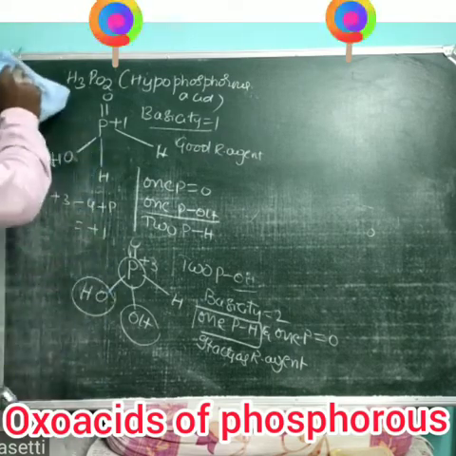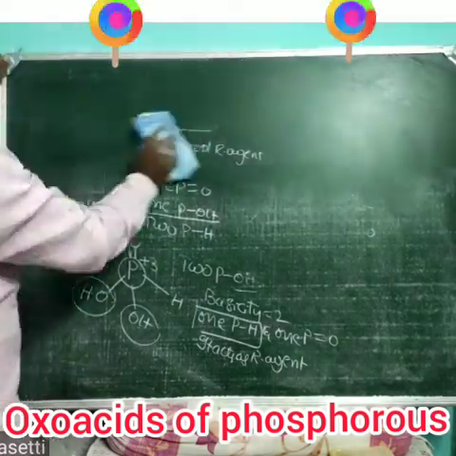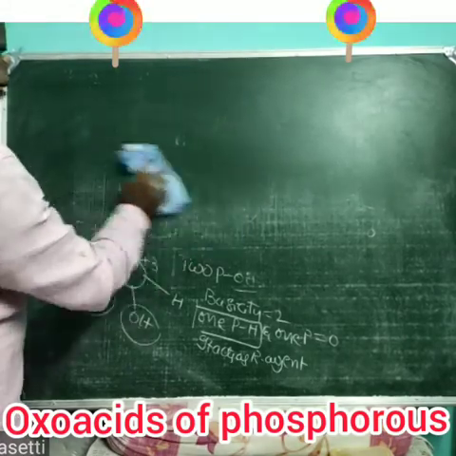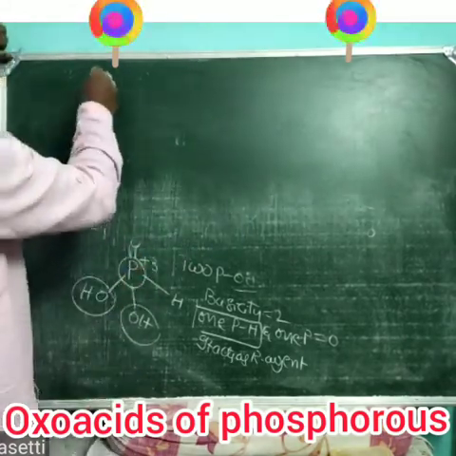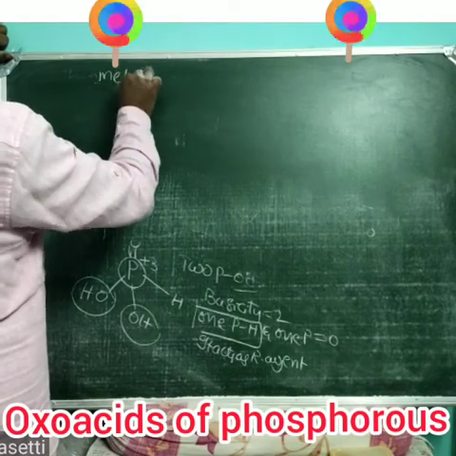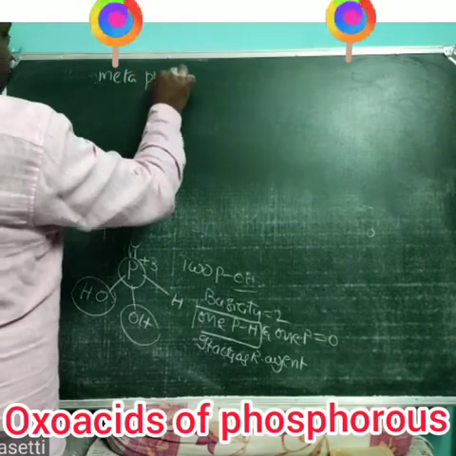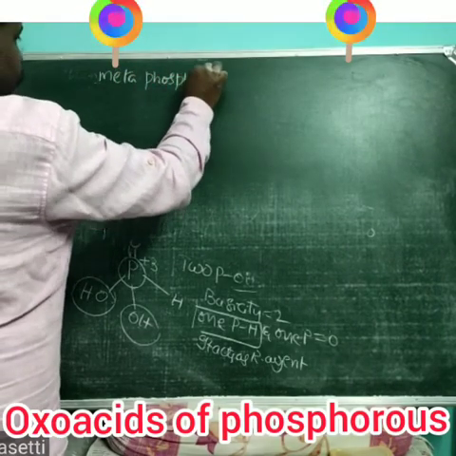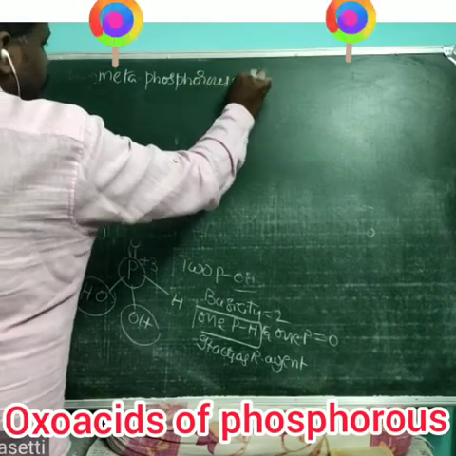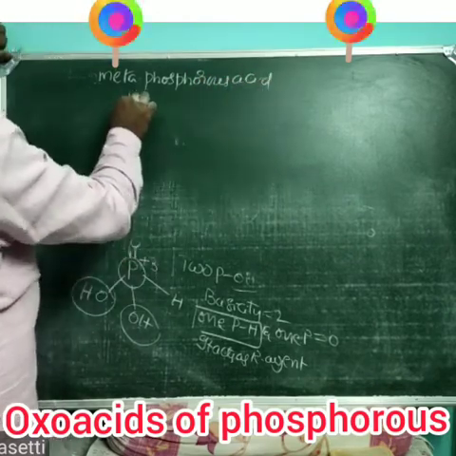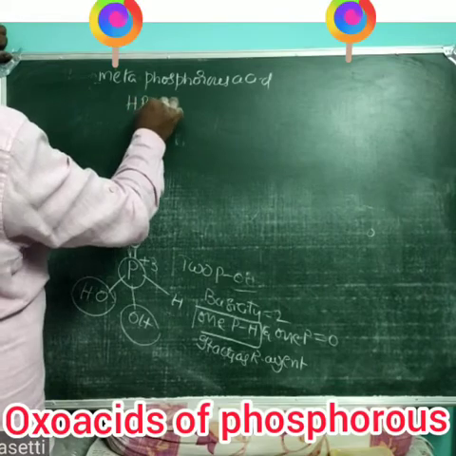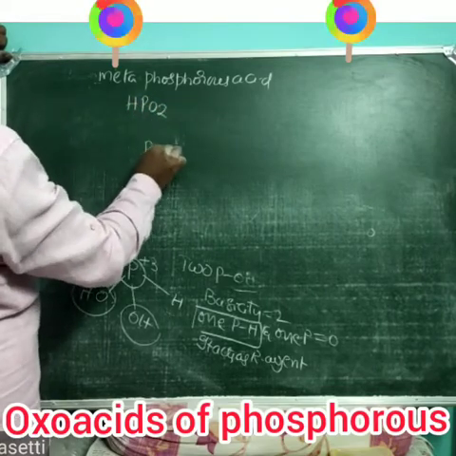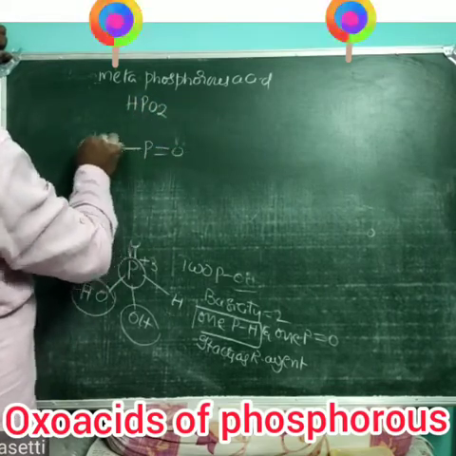Next one, pyrophosphorus acid and metaphosphorus acid. First we will see the metaphosphorus acid. What is the formula for metaphosphorus acid? The formula is HPO2. So the structure of HPO2 will be like this.